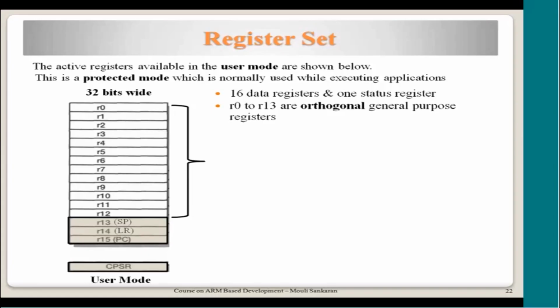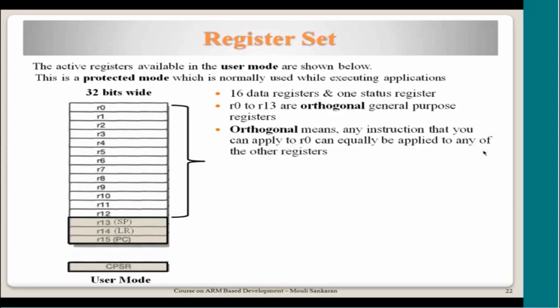R0 to R13 are orthogonal general purpose registers. What it means is that, orthogonal means any instruction that you can do with R0 can be done with any other register. So suppose there is an add instruction, R0, R1, R2, you could also write it as R5, R6, R7.